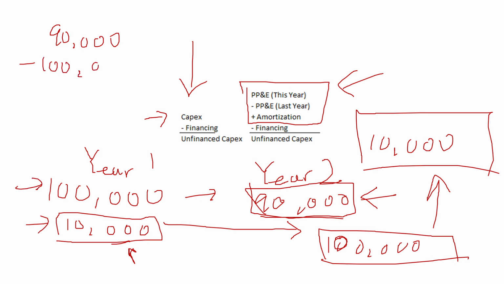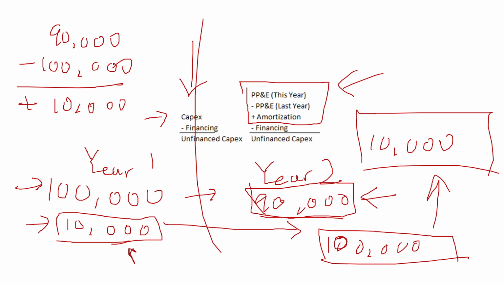right? And then you also have to add the amortization. Sorry, let me try to remove that random line in here. But assuming that this year's PP&E is 90,000, last year's is 100,000, and you add back 10,000 to account for the amortization, it should usually be zero, right?